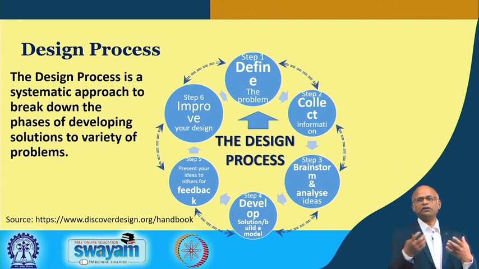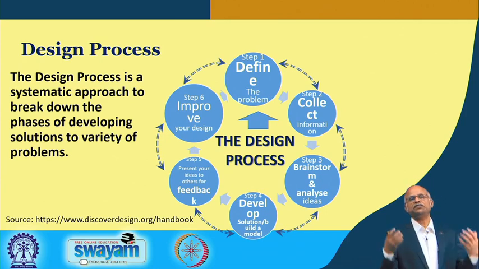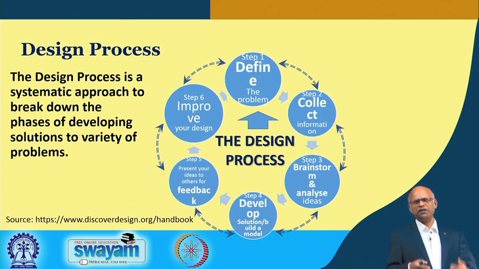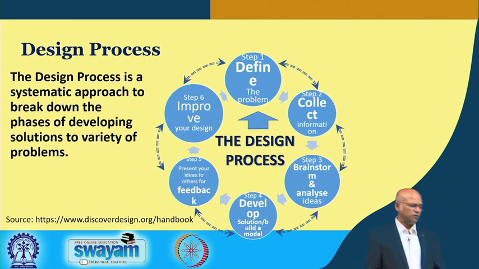Based on whatever knowledge you can gather, you collate, do research, and then find out something and try to develop a prototype. Then you give it to the user, get feedback, and based on the feedback you improve. That is the traditional design process that people follow. I took it from discoverdesign.com, a kind of blog, so you can see more there.